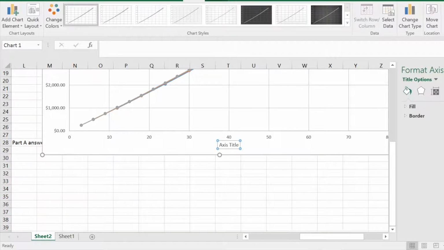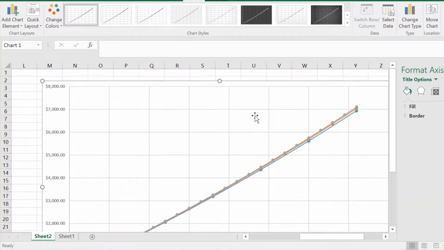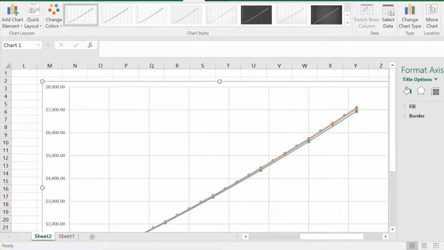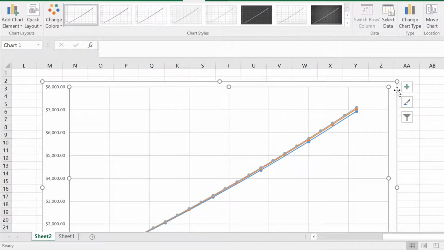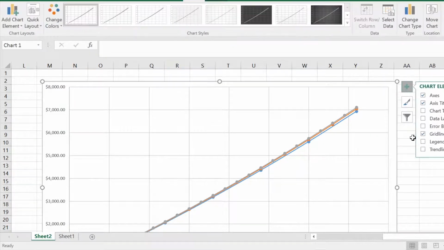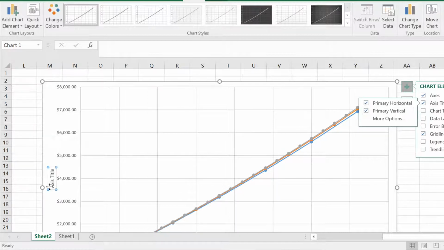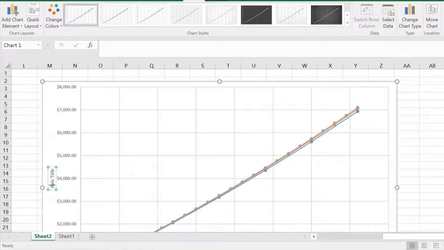All right. Well, this one is the time in months that has passed. This is our total value of annuity.